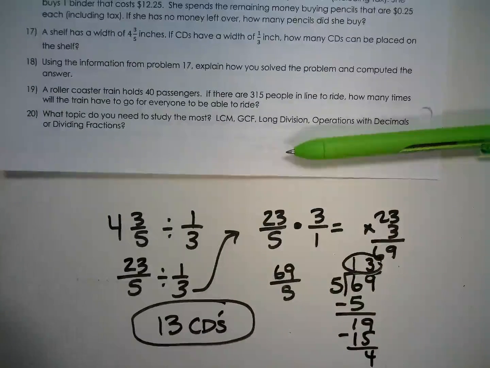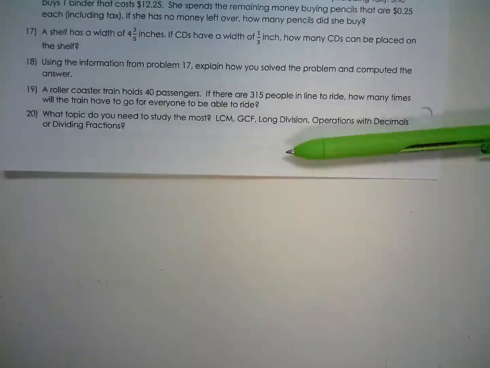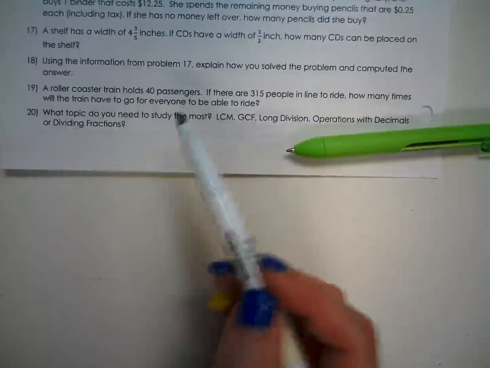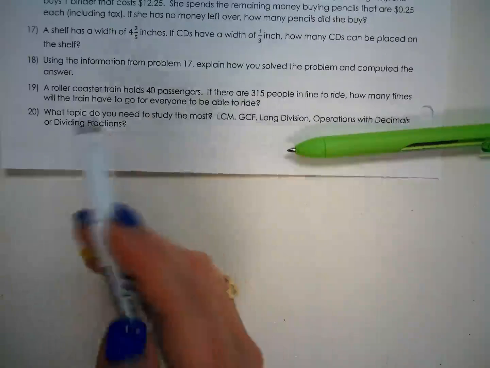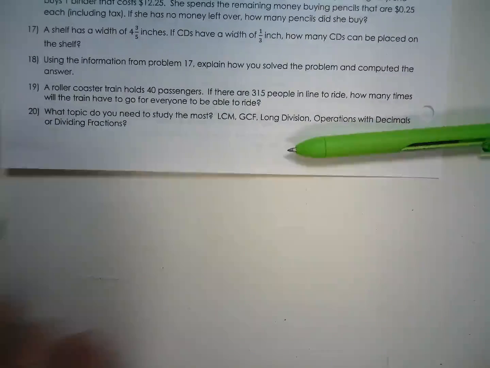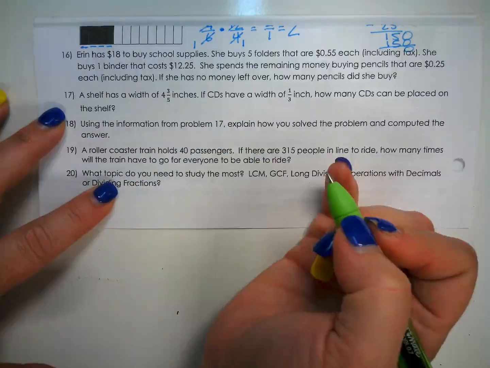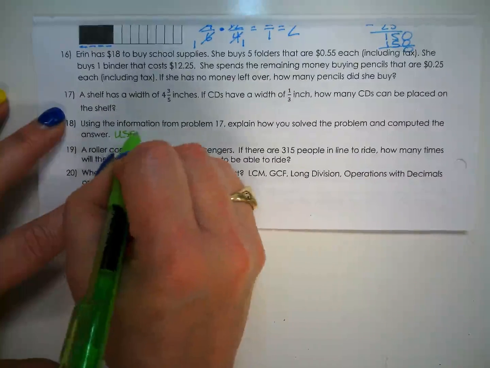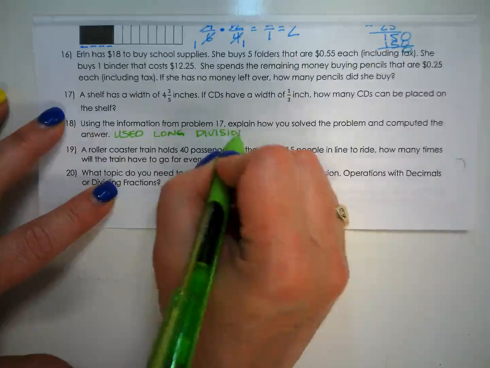All right, here comes question number 18. Question number 18 says, using the information from problem 17, how did you solve the problem and compute the answer? Well, we just talked about it. The answer to number 18 I would write as something along the lines of, how did you solve it? I used long division, and I rounded down.